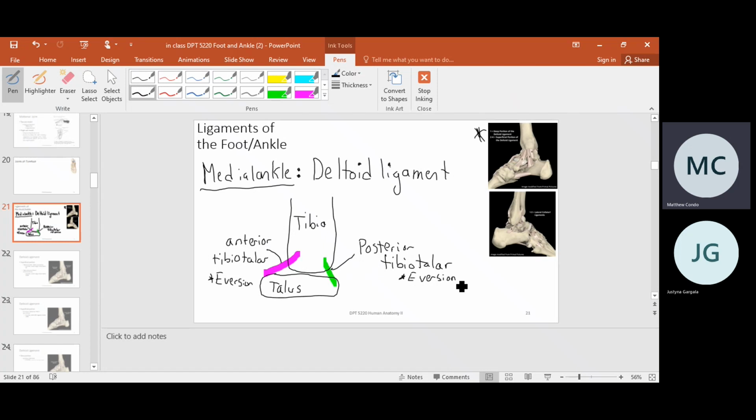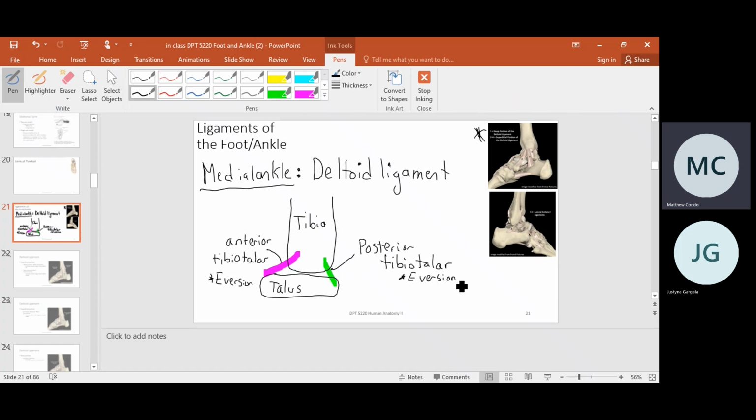Okay, so as review, my anterior cruciate ligament prevents what? Right. Excessive displacement, excessive anterior translation of my tibia. The anterior tibio-talar is going to prevent excessive anterior displacement of my talus. Right?